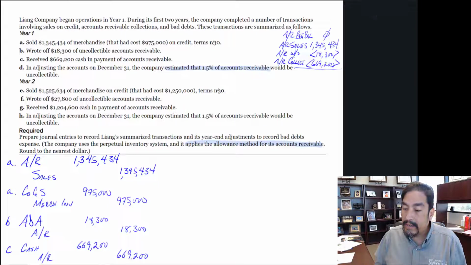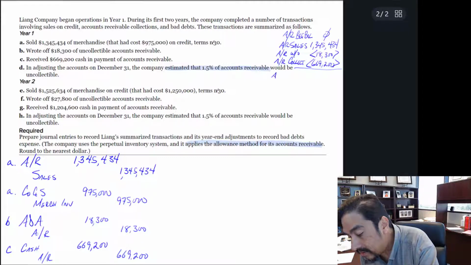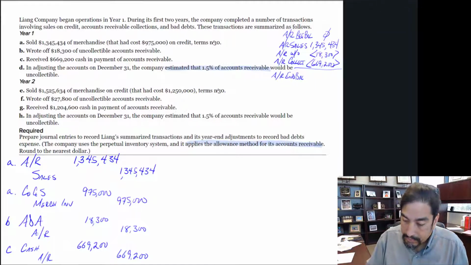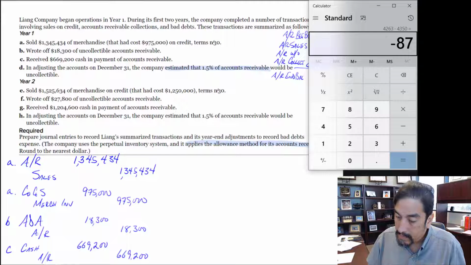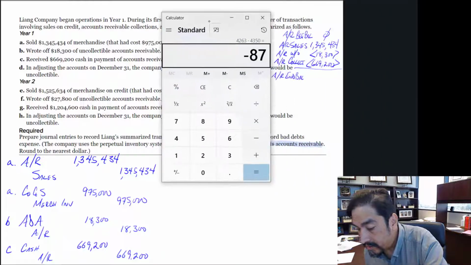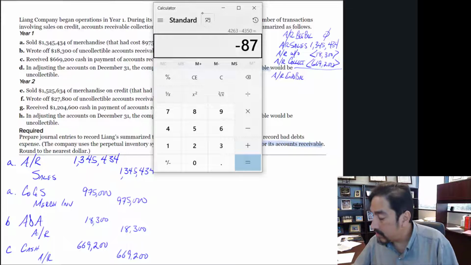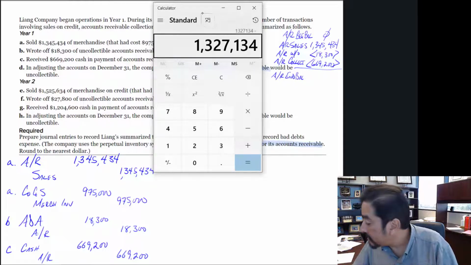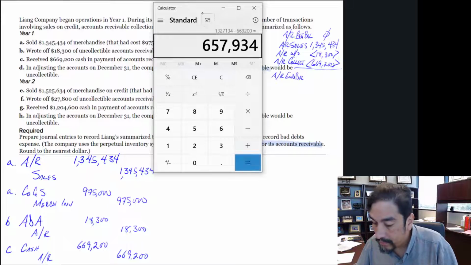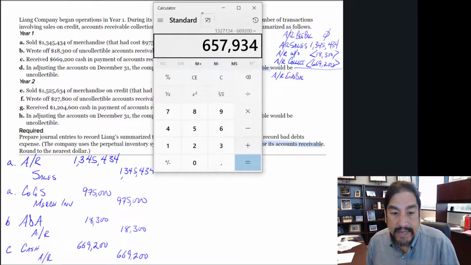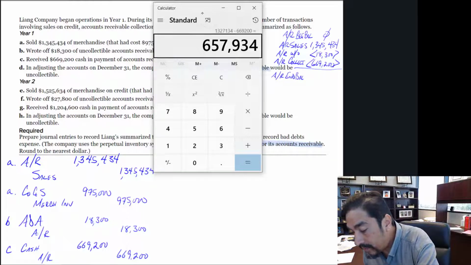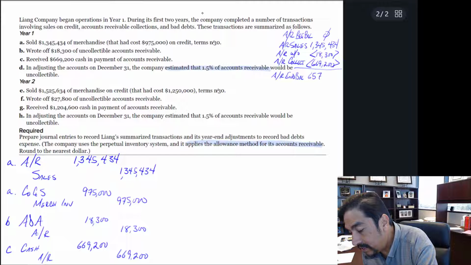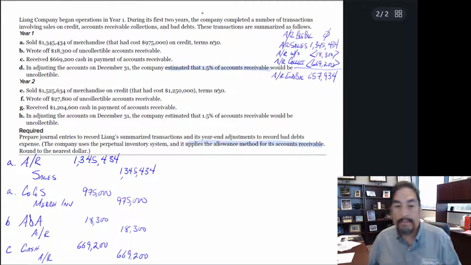This is going to tell me what my ending balance is in accounts receivable. So 0 plus 1,345,434 minus 18,300 minus 669,200 is 657,934.